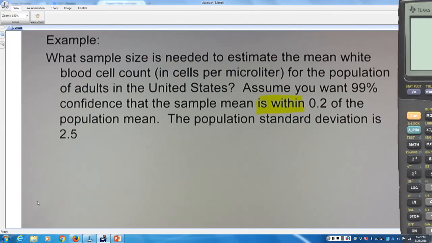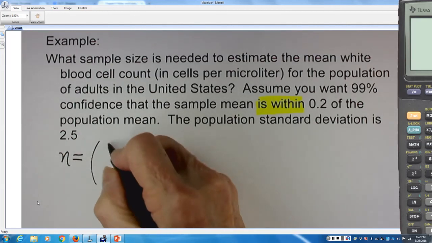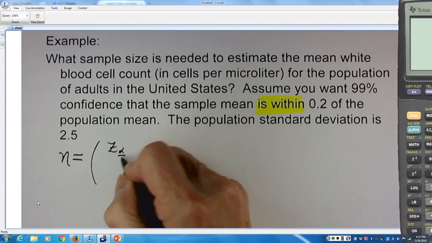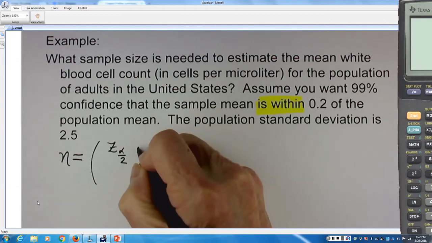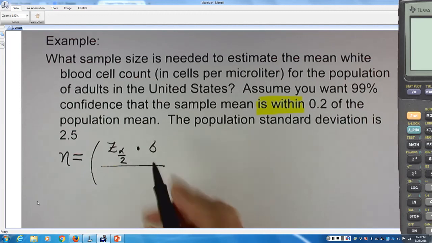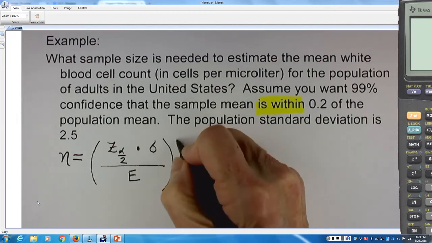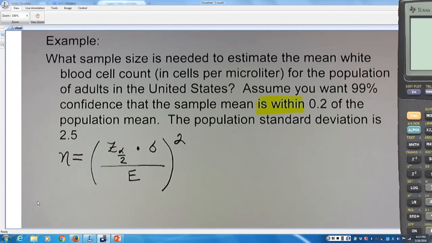Now I'm going to write down the sample size formula and then we're going to look and see what we have. So there's our formula.